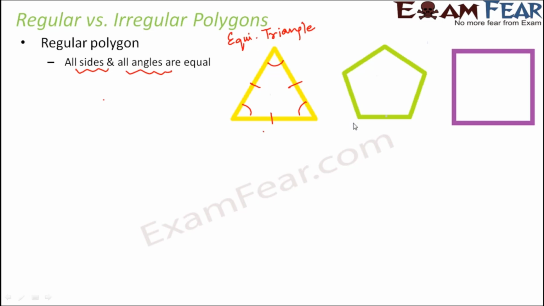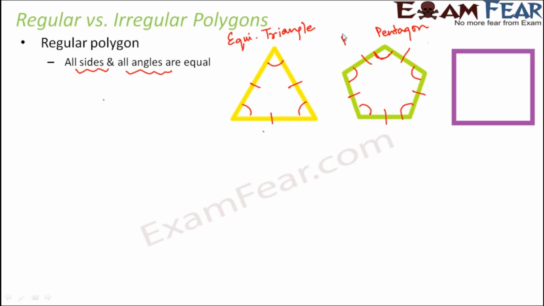Similarly, when you look at this example where you have 1, 2, 3, 4, 5 sides. A polygon which is made up of 5 sides is called a pentagon. So a pentagon with all the sides equal and all angles also equal is also an example of a regular polygon.